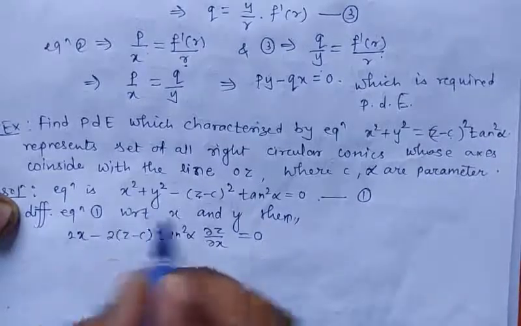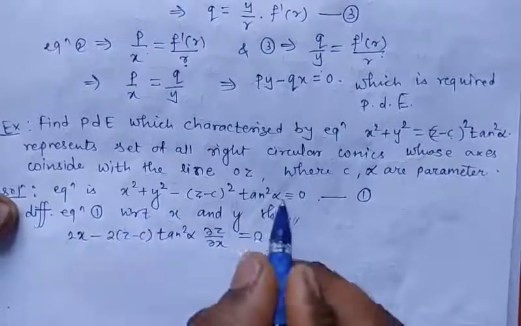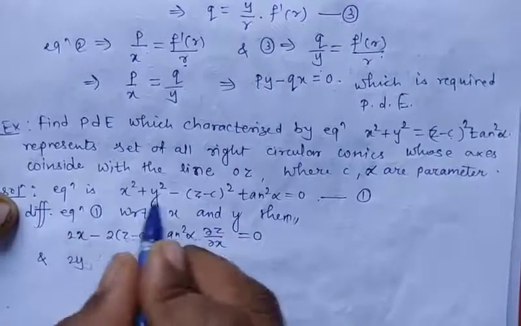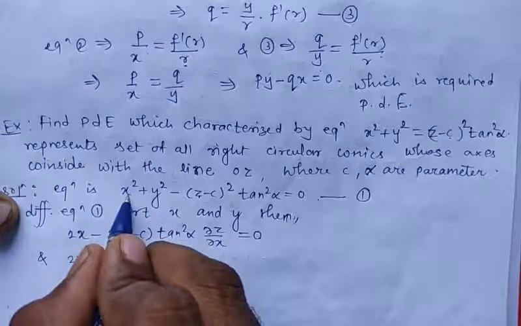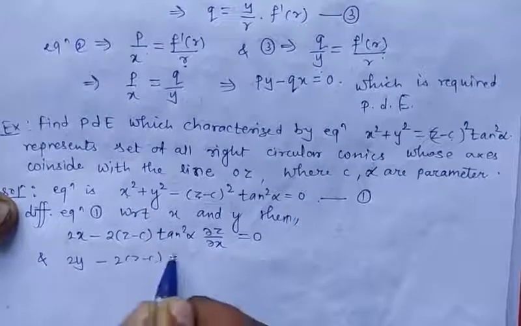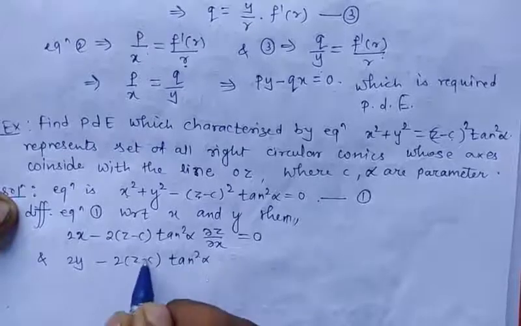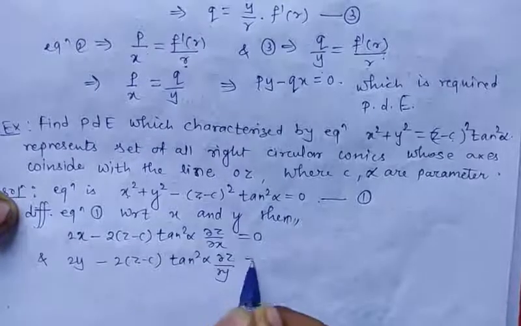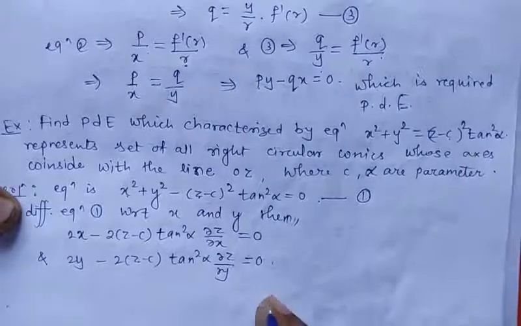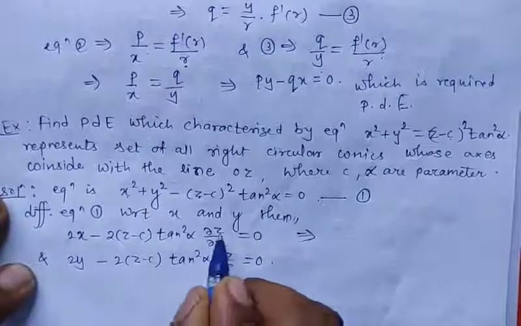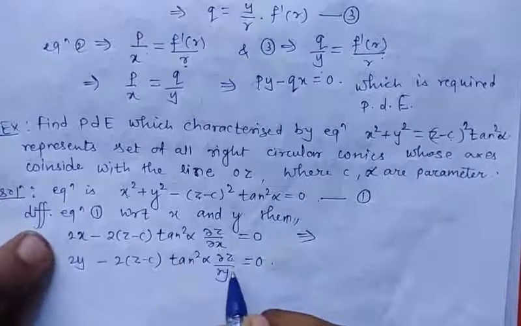And after differentiating this equation with respect to y, we get twice y, since differentiating x with respect to y will be 0. So twice y minus 2 times (z minus c) into tan square alpha into ∂z/∂y equal to 0. Right? Therefore, we know that the value of ∂z/∂x is p and ∂z/∂y is q.